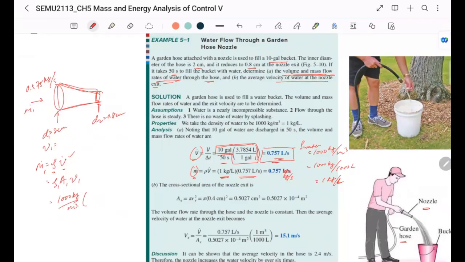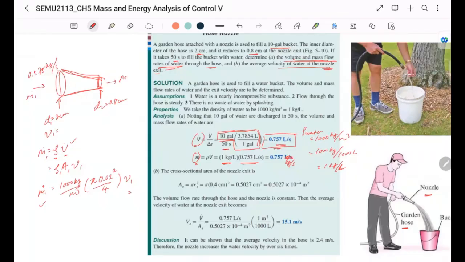Area at the hose, diameter is 2 centimeter, so therefore pi times 0.02 squared over 4, that will be the area of the hose, multiplied with V1. M1 we already know. So then we'll be able to find out the velocity at the hose. But that's not what the question wants. The question wants us to find out the velocity at the nozzle.